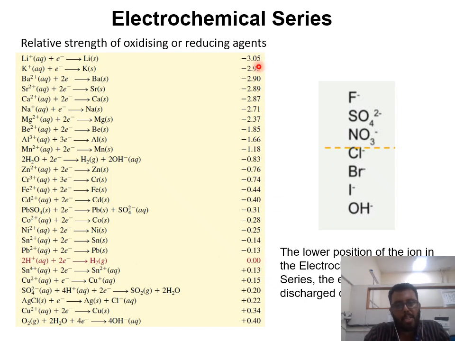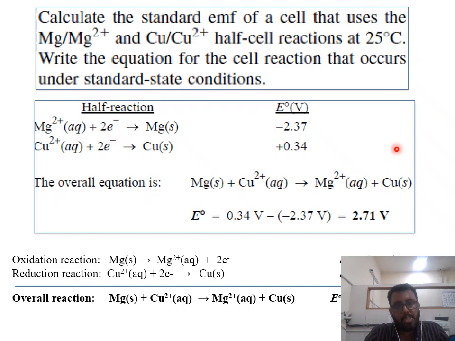Comparing that, we can arrange from lithium to lead, as well as from tin to peroxide, the anode side, and this is for the cathode. Also, the position of an ion in the electrochemical series can tell something about its oxidation strength.